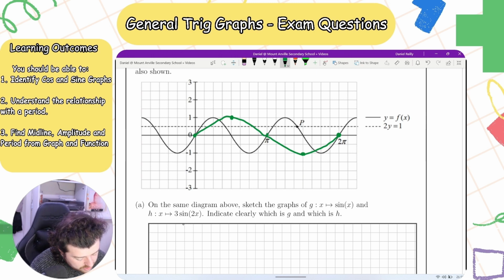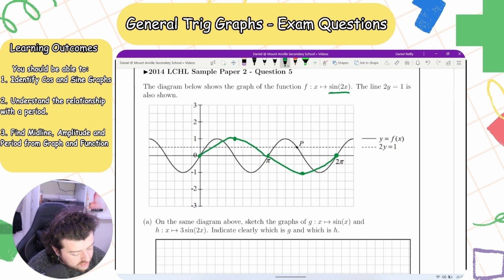And then 3 sine 2x. Well, if you see here, my initial graph is sine 2x. So 3 sine 2x just means I'm increasing the amplitude. Remember, b sine 2x, so b is my amplitude. So I'm just scaling it up by 3. My maximum point's here, my minimum point here, my maximum point will be here, my minimum point will be here.